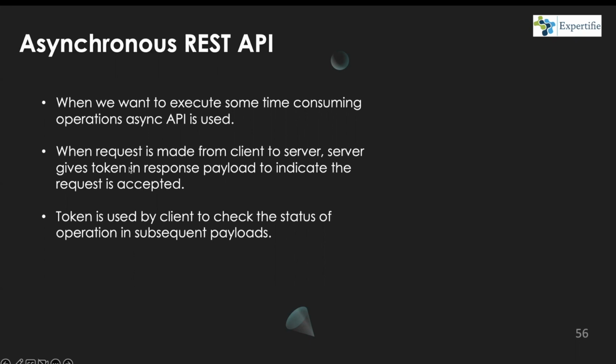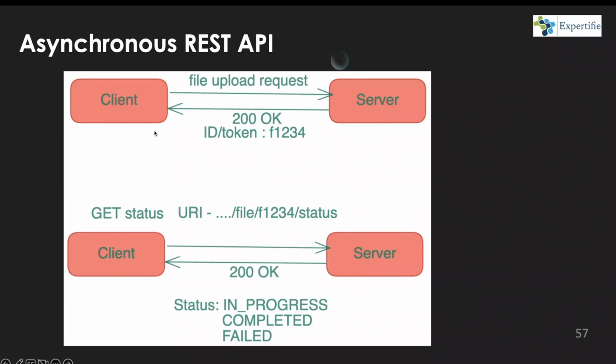If you want to check the status of that resource, say a file upload operation, the client can use that token ID to view the status of that file upload operation. So as we can see, the client makes a file upload request, and the server responds with, say, 200 OK.